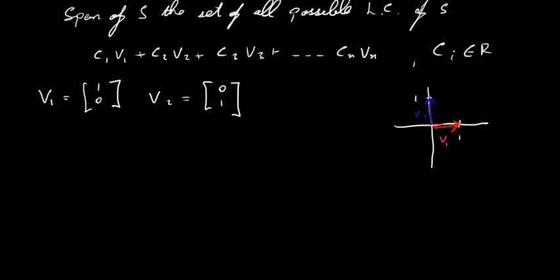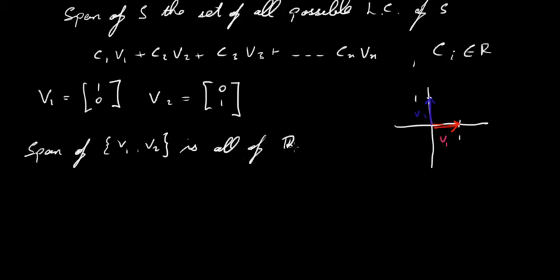Now let's just have a look at these two first. The span of v1 and v2 is, as I said, all of R2, all the two-dimensional plane, if you like, since any vector can be expressed as a linear combination of these two.